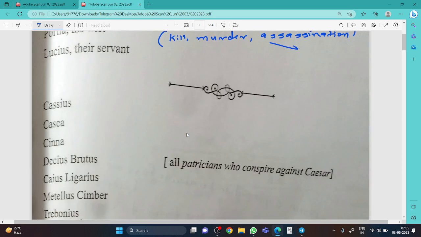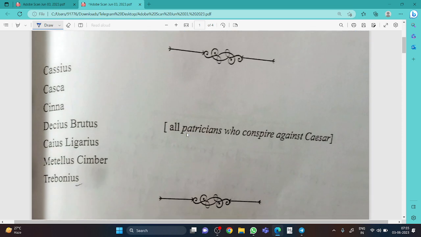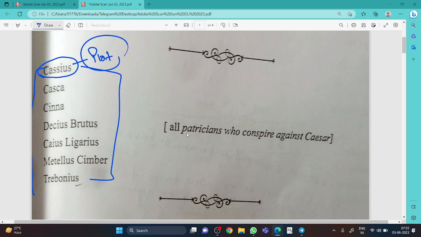Okay. Next, Lucius. These are the conspirators, dear students. They are also the main characters, important ones. The most important character is Cassius here, because it is Cassius who made a plot, a conspiracy, to kill whom, beta? To kill Julius Caesar.